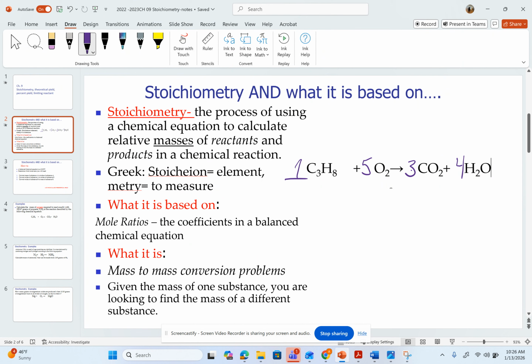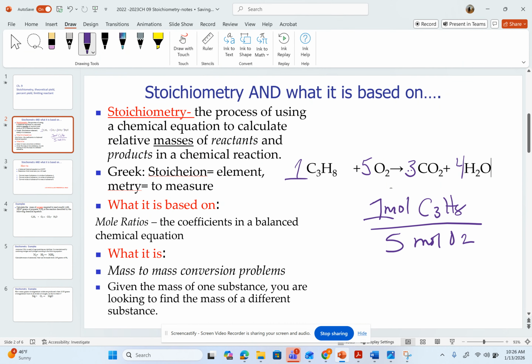So if I wanted to know what my ratio was of propane to oxygen, I would say 1 mole of C3H8 to 5 moles of O2.